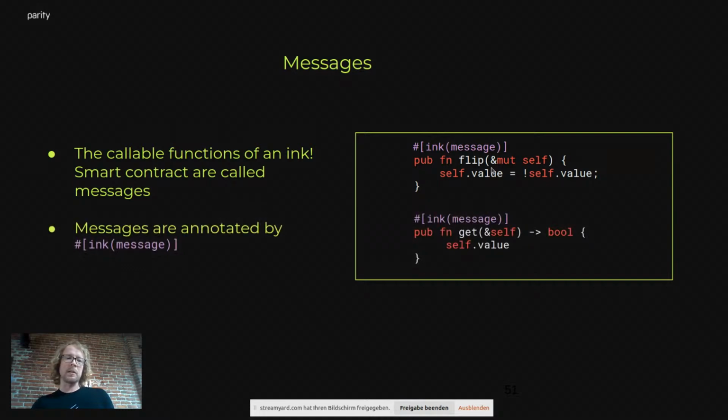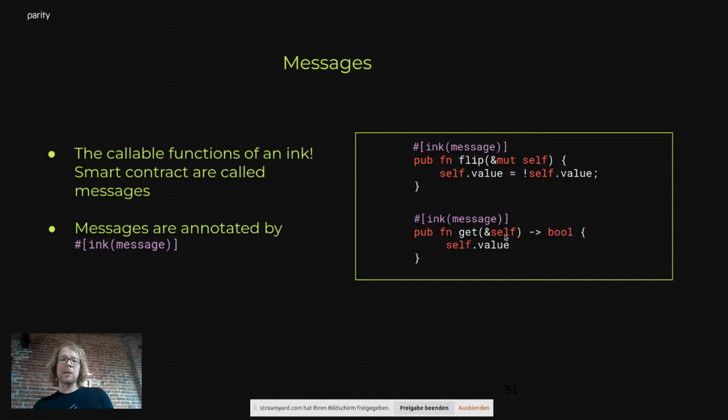Messages are always annotated by ink message. And before I go to the next step, here's the second example, the get message. This message will not be able to mutate the smart contract storage, because it only obtains a reference to the smart contract storage, but not a mutable reference.